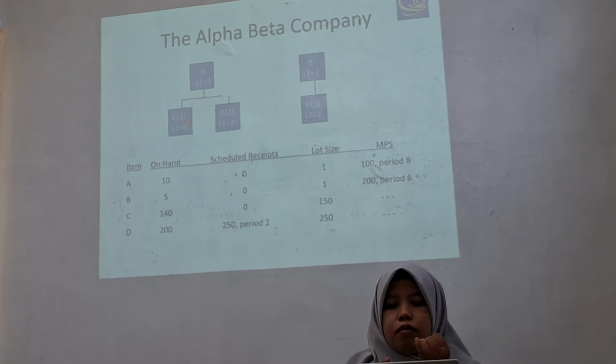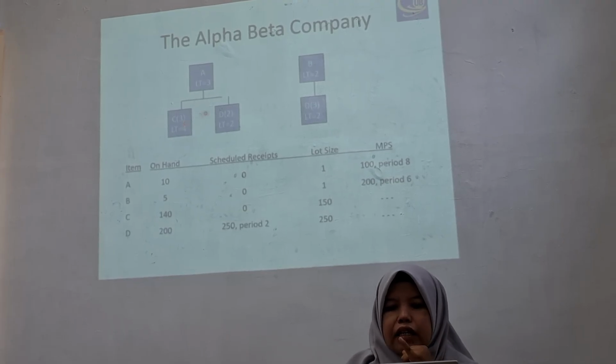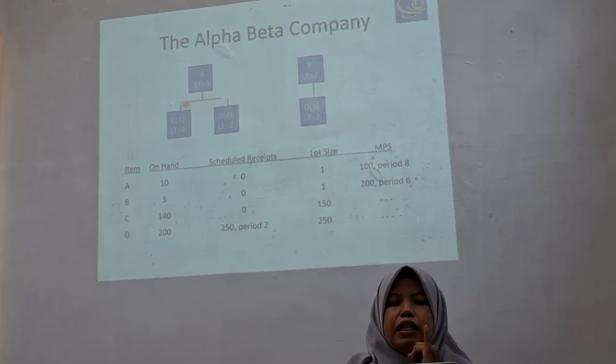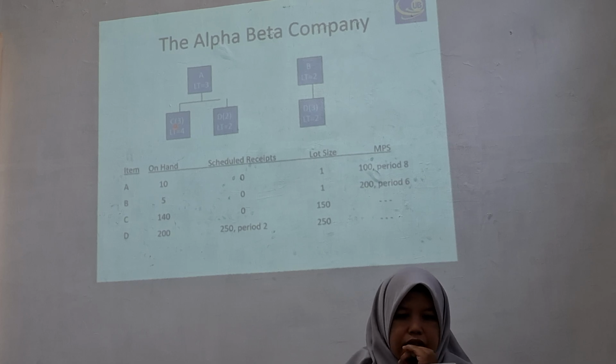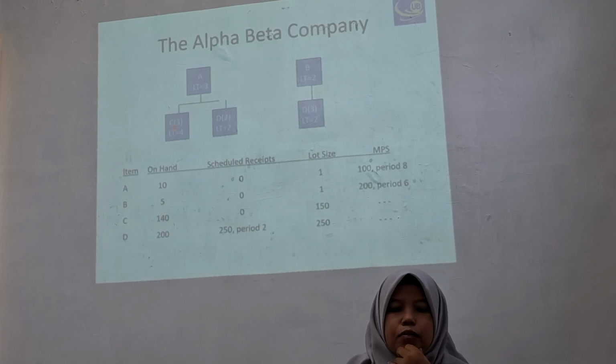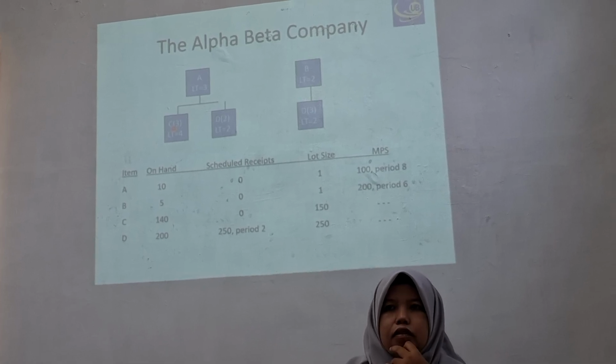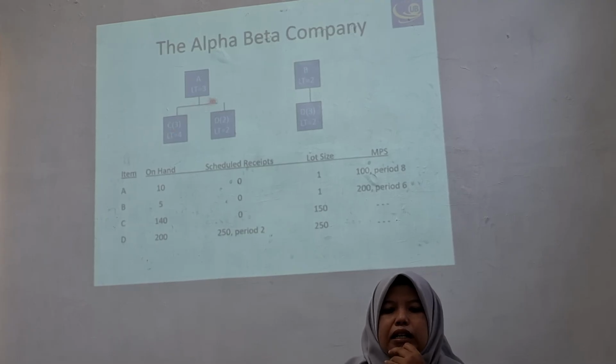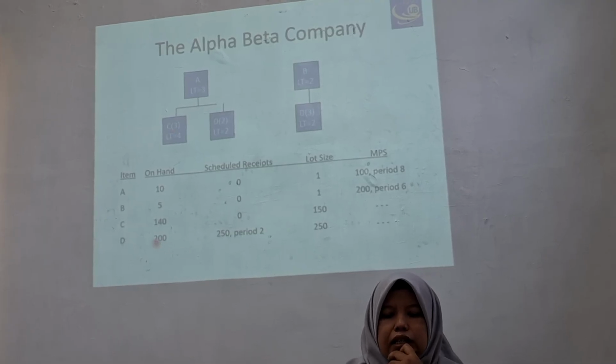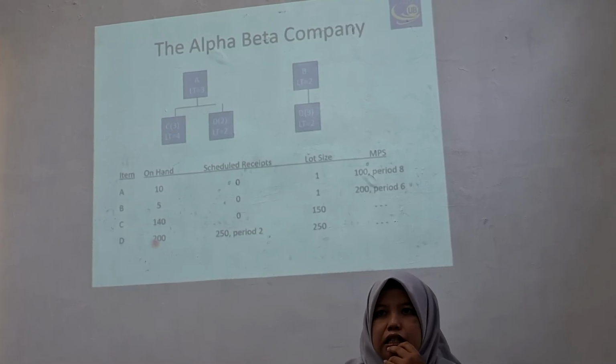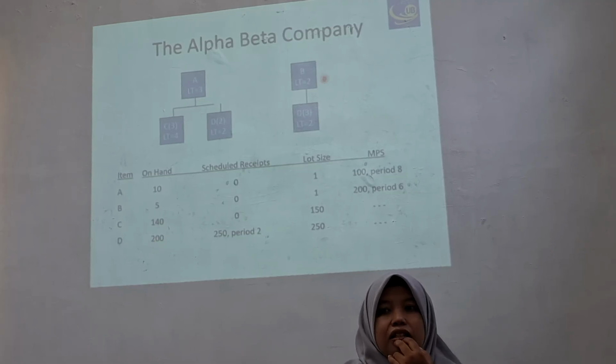So if A is 100, how many C are needed? 300. Yes. How many of D are needed? 200.